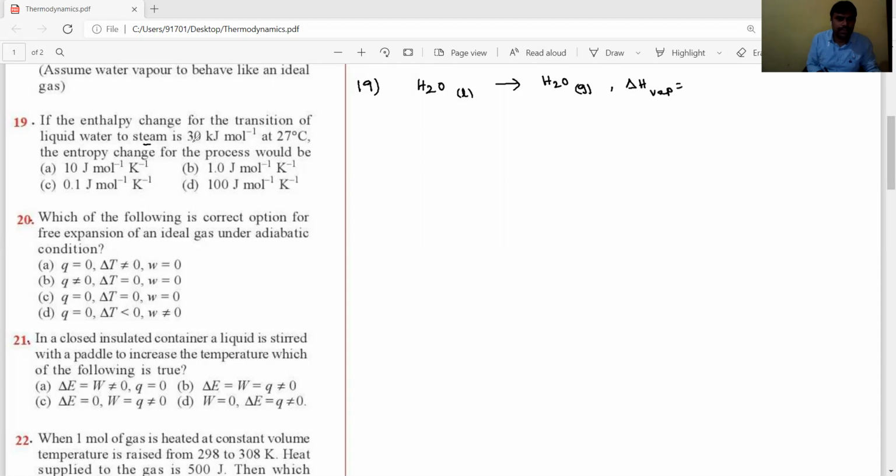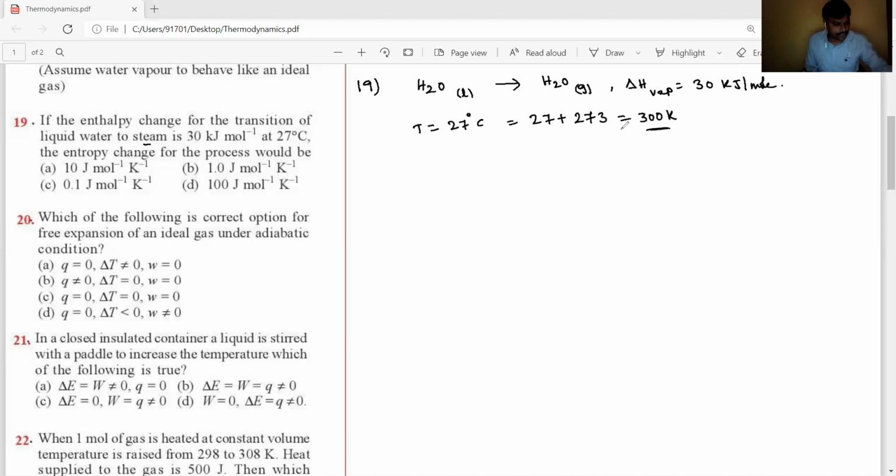They gave it as 30 kilojoules per mole at 27 degrees centigrade. 27 degrees is 27 plus 273, which is 300 kelvins. So the temperature for this phase transformation is 300 kelvins.